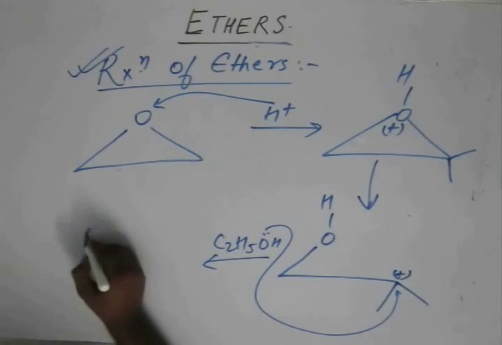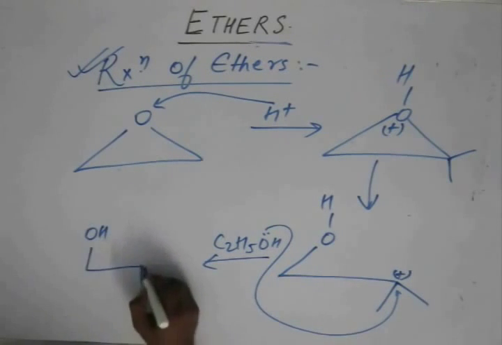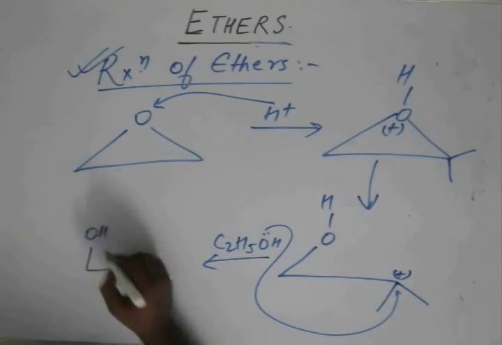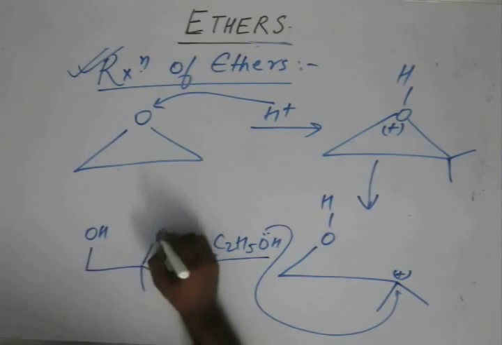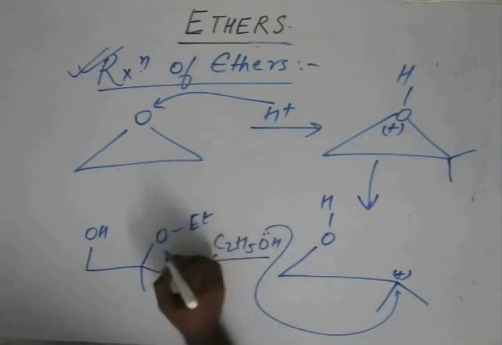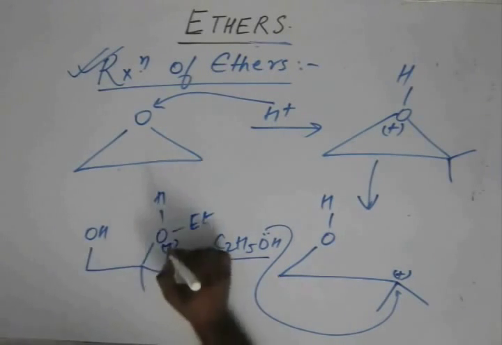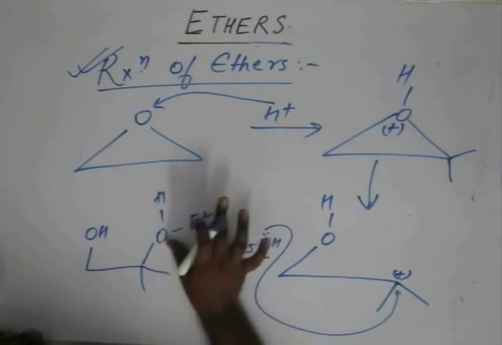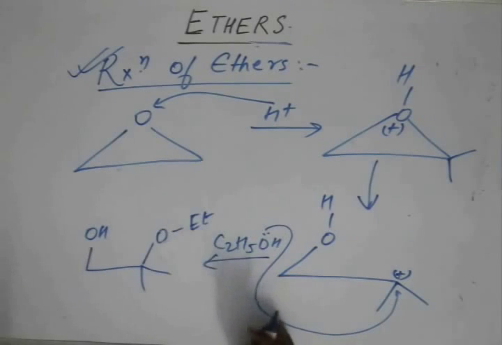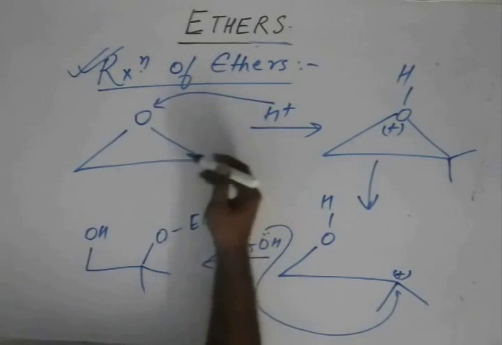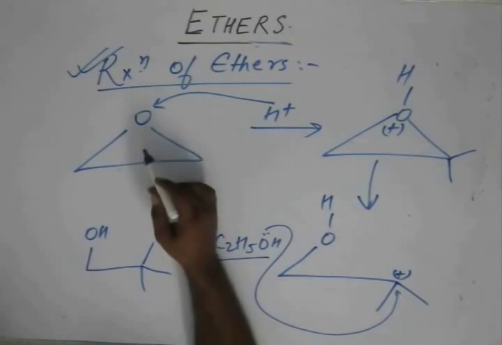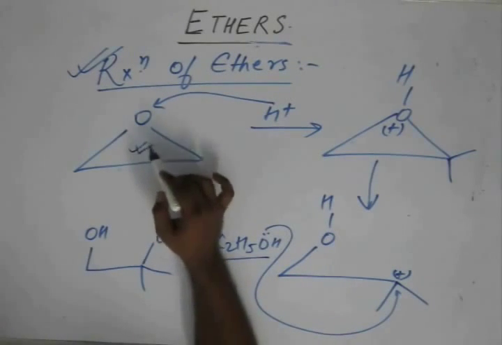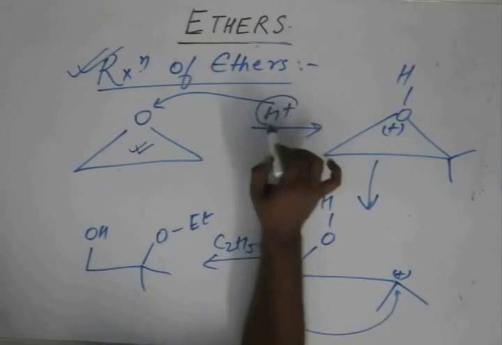Alright, so we are left with this OEtH again. Now, as it was an acid catalyzed reaction, one H+ is removed and we get this as the product. Alright, so I hope you get my point and understand the fundamentals of how a cyclic ether reacts with a nucleophile in presence of an acid.